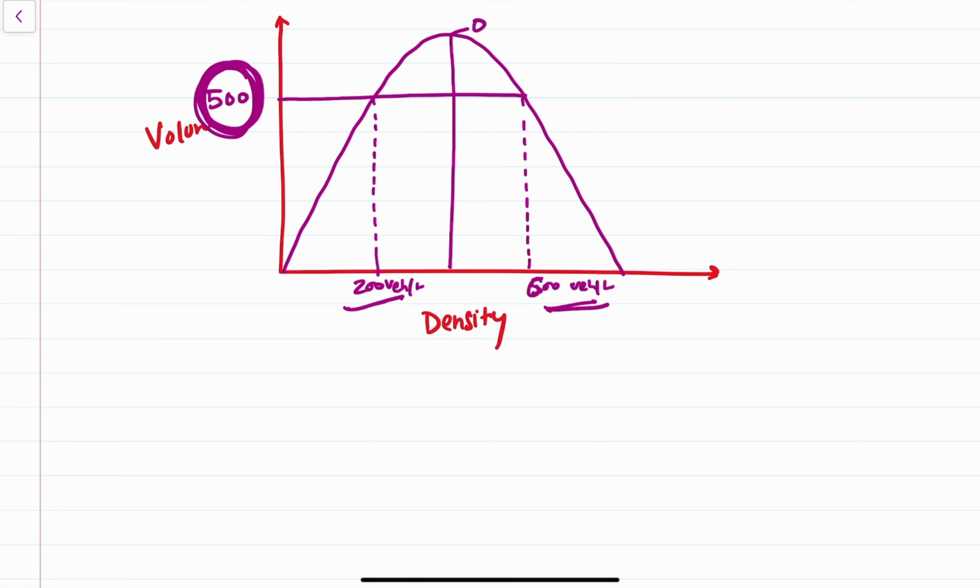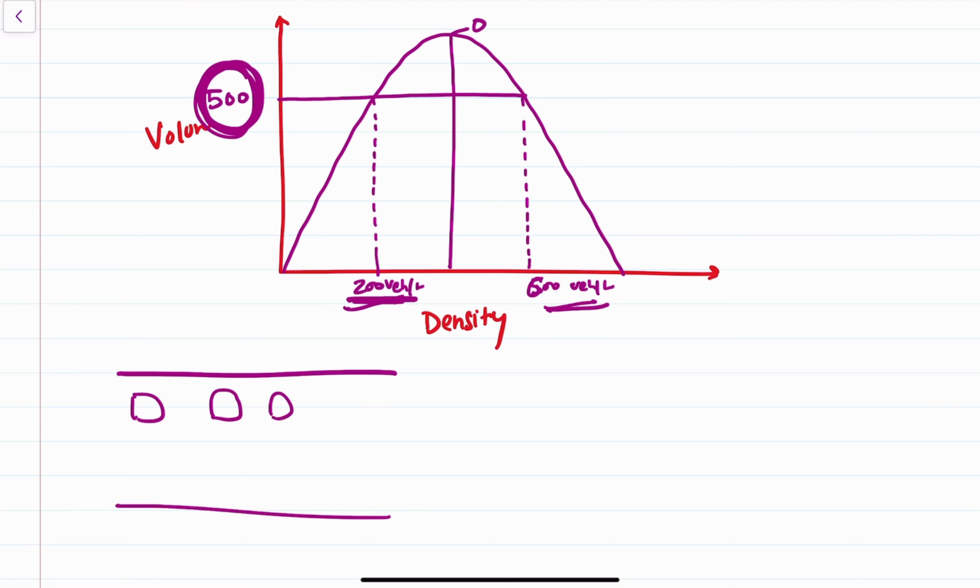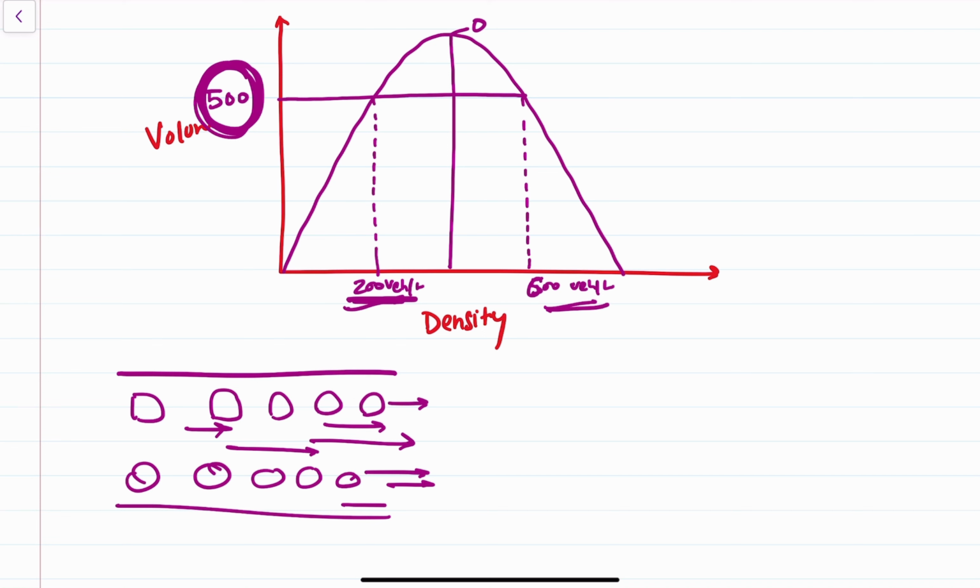The significance is totally different. If you see here, we have 200 vehicles that are occupying the road, while 500 vehicles are crossing the road section in a unit time.